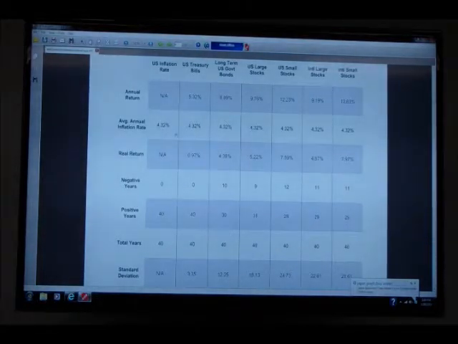So second line is easy. It's the inflation rate. It applies to everything. So what we're taking is the average annual return over the time period for each asset class, subtracting out the inflation rate. It's not exactly subtraction because these are points in time. So engineer types may call you on that and say, wait a minute, if I subtract this from this, okay? So here's the real return.